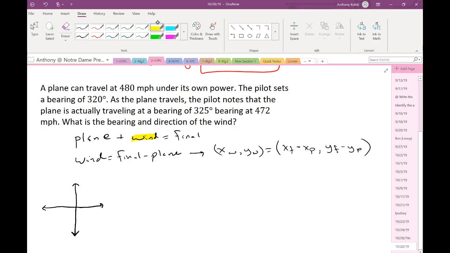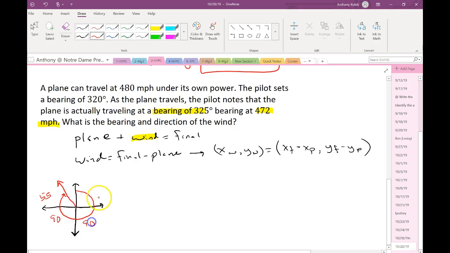So our final says we have a bearing of 325 and a speed of 472. A bearing starts at true north, and we've gone 90, and then 180, and then 270, and then 55 more to put us over here at 325.